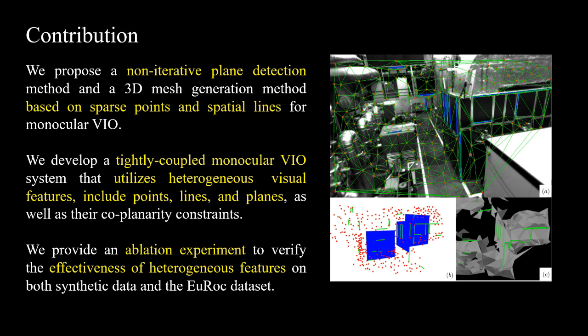Secondly, we developed a tightly-coupled monocular Visual-Inertial Odometry system that utilizes heterogeneous visual features, including points, lines, and planes, as well as their co-planar constraints. Thirdly, we provide extensive experiments to verify the effectiveness of heterogeneous features on both synthetic data and EuRoC datasets.